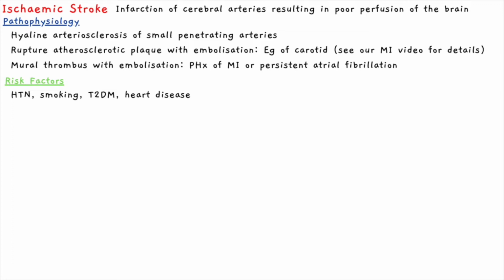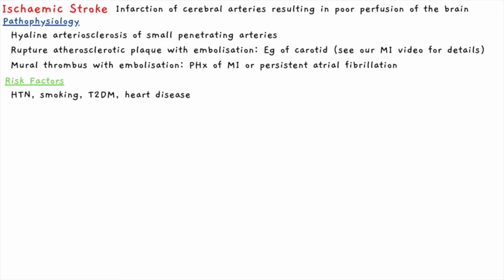The risk factors for ischemic stroke are the same for cardiovascular disease, which are the same for peripheral vascular disease. This is because atherosclerosis and forming clots is the same for all arteries and does not differentiate between a brain artery and a heart artery.